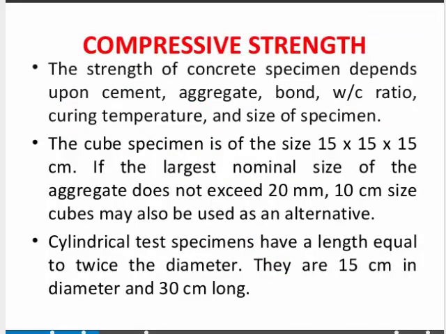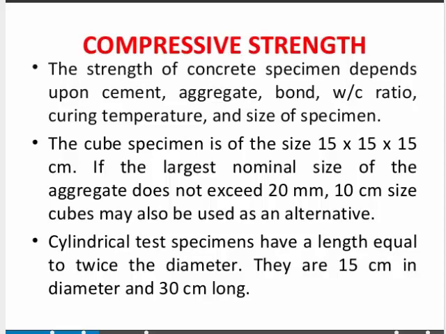The strength of a concrete specimen depends upon various factors: cement, aggregate bond, water cement ratio, curing, temperature, and the size of the specimen. The major factors are the cement strength, the quality of the concrete material, and quality control during the production of the concrete.